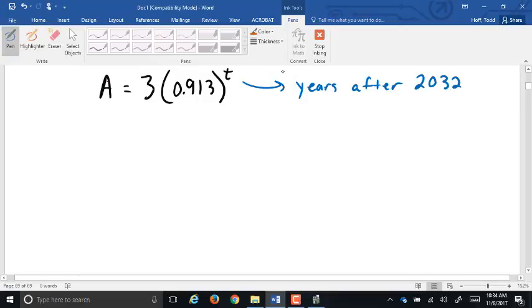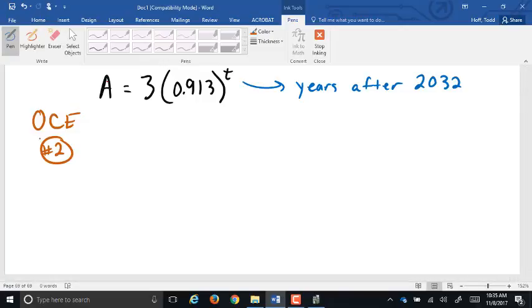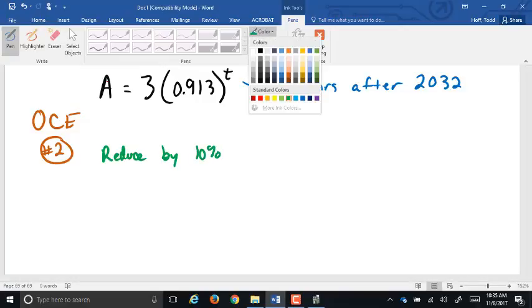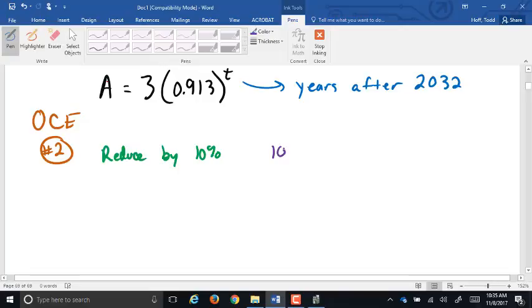Now, what they're asking here for number 2, if the funds do not reach the 3 trillion, but instead are 10% less than 3 trillion. So what we have to do is reduce by 10%. So reducing by 10%, if you recall, is 100% minus 10% is 90%, or 0.9.